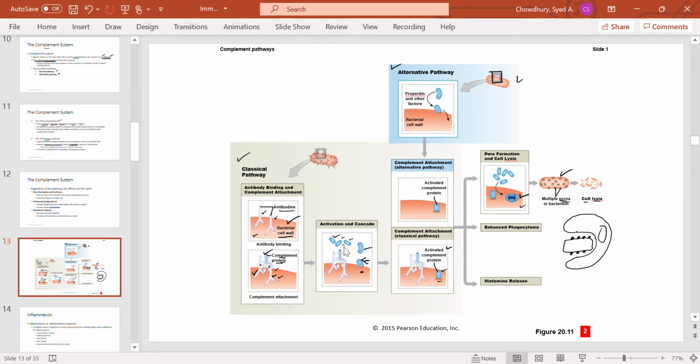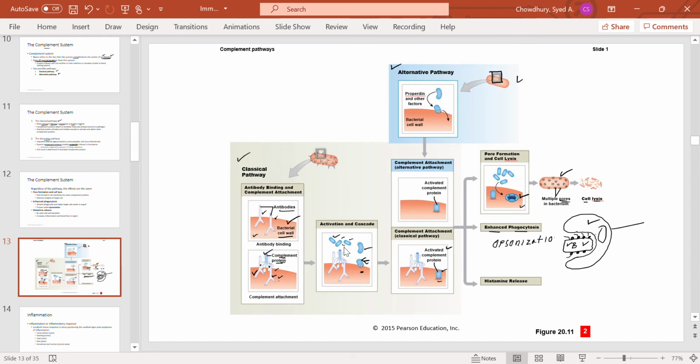So this is a phagocytic cell, and this is the bacteria, and when these activated complements get attached to the surface, that bacteria will be more delicious. So this phagocytic cell or macrophage would love to eat that bacteria and destroy it. Makes sense? So that is enhanced phagocytosis, and this process is called opsonization.